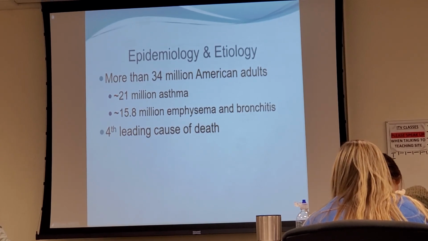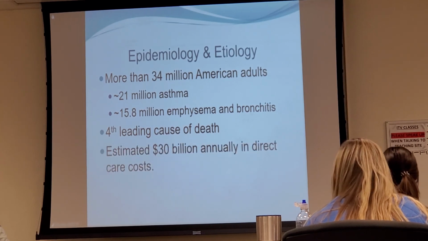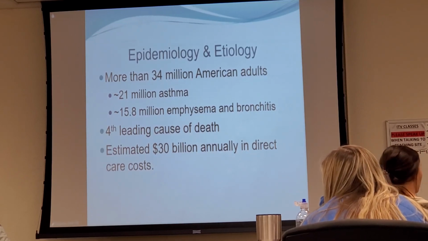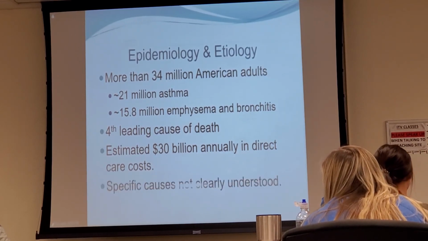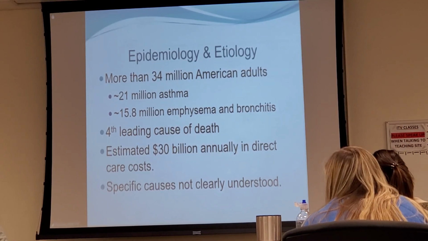COPD is the 4th leading cause of death in the United States. It's estimated that at least $30 billion per year results from these people in the healthcare system. There are some specific causes that we link to things, but some things are still not fully understood, so we're still learning.